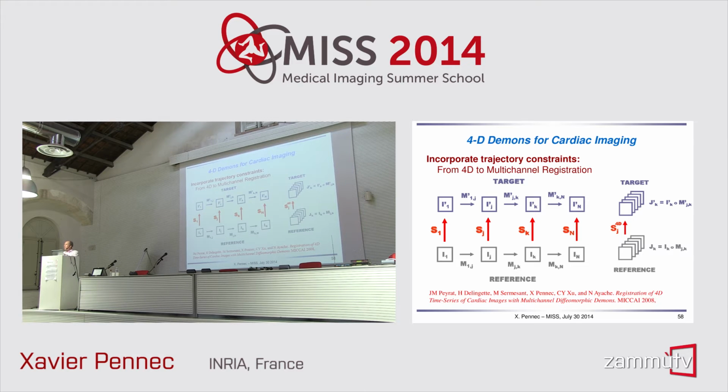And to register the two patients together, we can think that using all the time frames would be a better idea. So we can do that, and this is what is instead of having each image which has one channel, one intensity, we can have multi-channel images, and we can register that together.